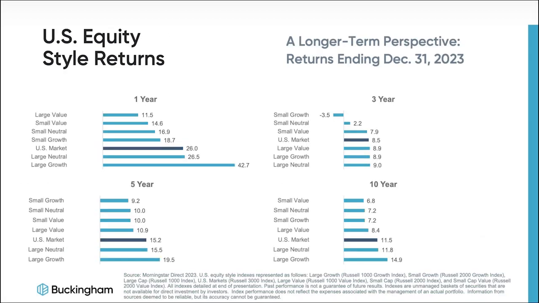Now we take a longer view to see how different investment styles have performed for standard periods ending December 31st, 2023. Looking at annualized returns in the U.S., we can see that markets have shown resilience, especially over the trailing one-year period.